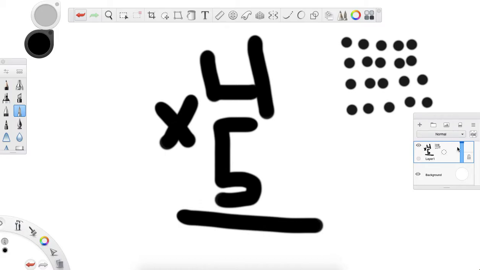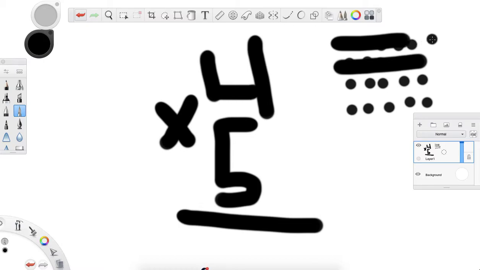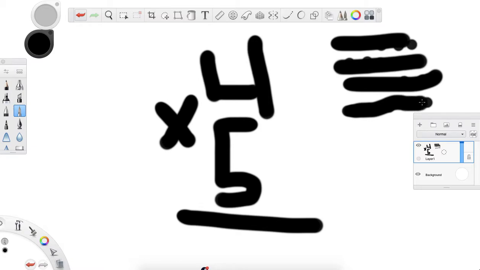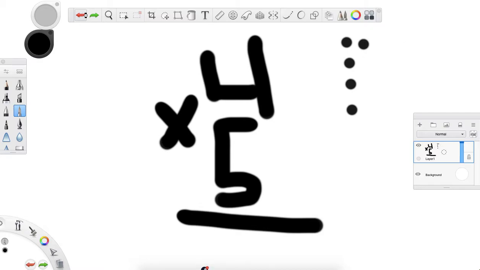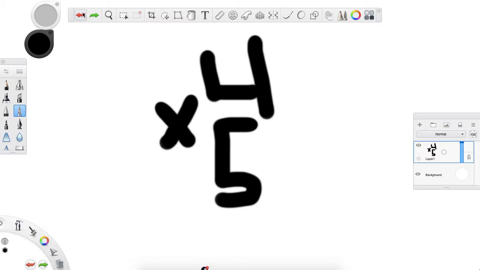Now, some people think, let's count this in fives. 5, 10, 15, 20. So they can count in fives, or they can just do the group side. But really, the group is the five, and counting by fives is easier.